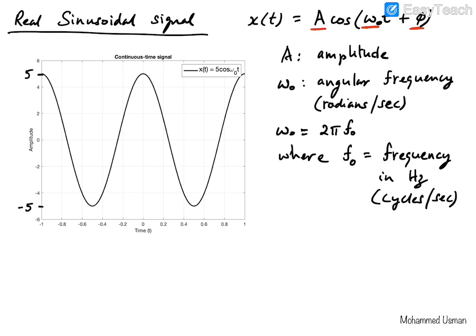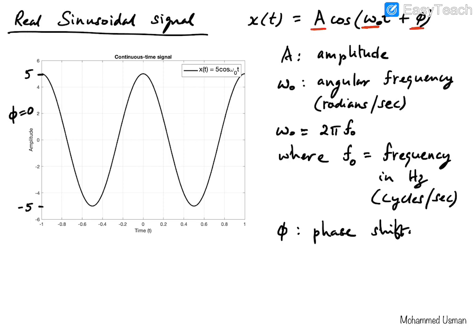Now the third parameter, phi, is called the phase shift. In this particular example I have used a cosine wave with phi equal to 0, so with 0 phase shift.